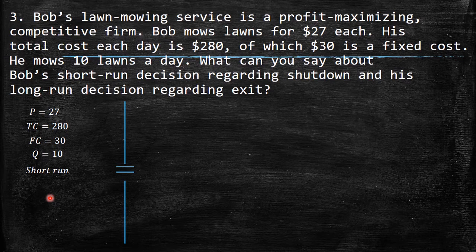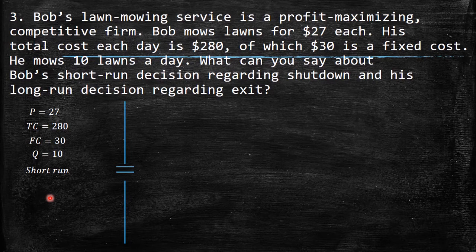Okay? And regarding the decision to stay or leave the market in the short and long run, it is the following. You're going to stay in the short run if and only if you cover at least completely your fixed cost. Okay? And it could be great if you can cover all the variable costs or at least part of them. So you're going to stay in the market.